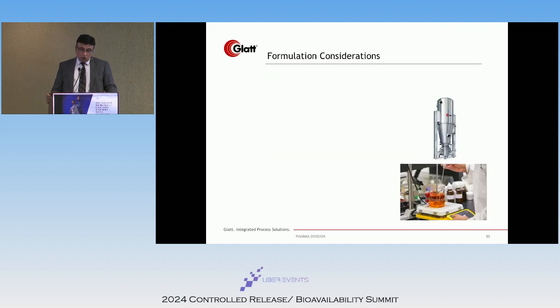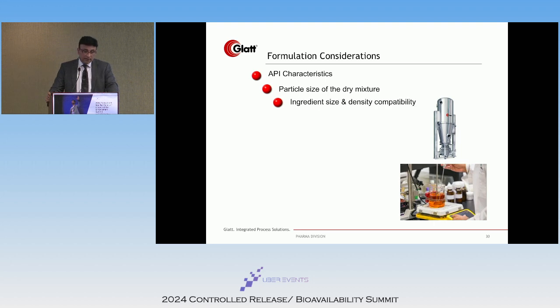Now, some formulation considerations very quickly. Yes, we need to know our API, its solubility, its particle size, and its stability and compatibility. Next, the particle size of the dry mix, definitely the one that is going into granulation and powder layering.